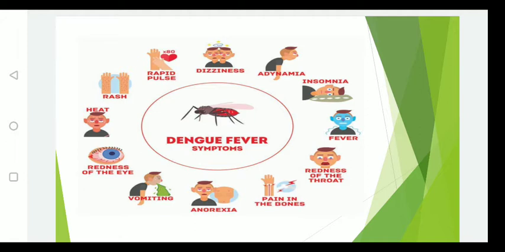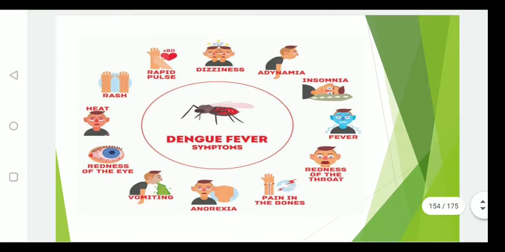So, to summarize: because of the infection there is a rapid pulse, dizziness, adynamia, tiredness and weakness, insomnia, fever, redness of the throat, pain in the bones, anorexia, vomiting, redness of the eyes, a feeling of heat, and rashes all over the body.